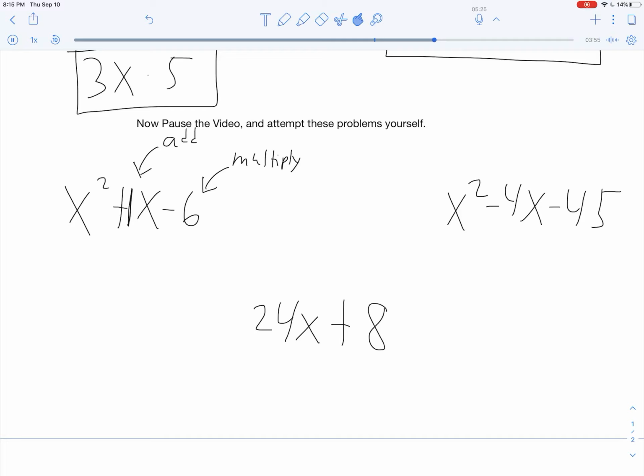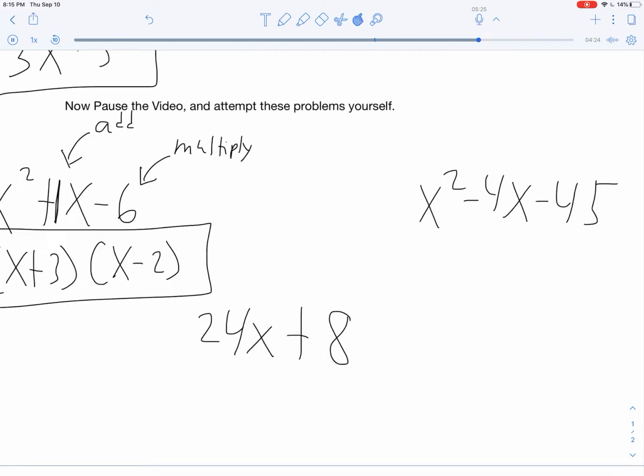When I think about what multiplies to negative 6, I think of negative 3 and positive 2, and even positive 3 and negative 2. So I think positive 3 plus negative 2 will give me positive 1. So x plus 3 times x minus 2. That's our final answer.